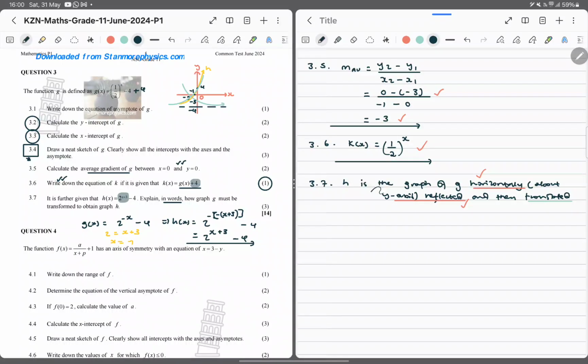And then translated 3 units to the left. So the translation is to the left. Okay, I guess that is good for 2 marks because it is not so easy to tell.